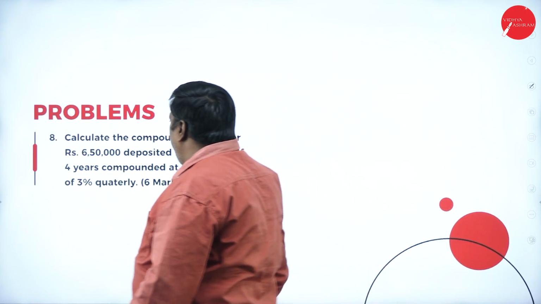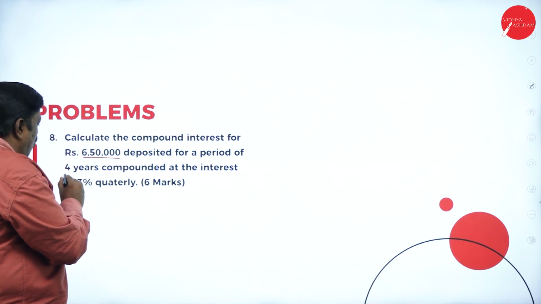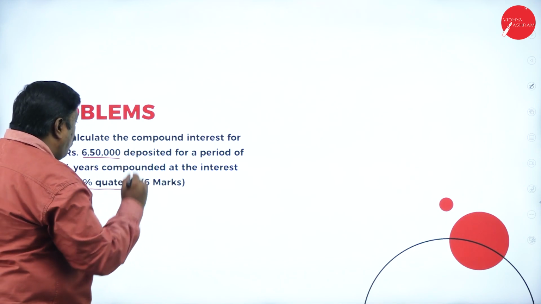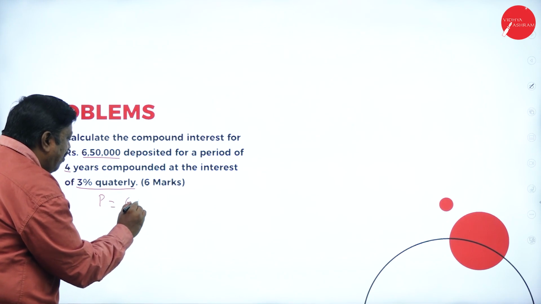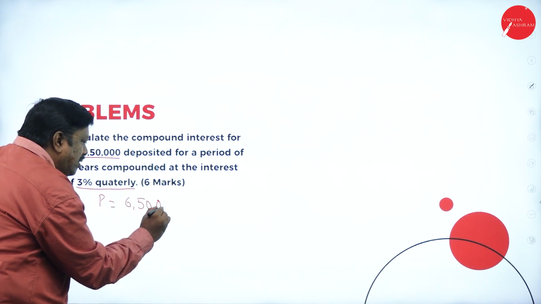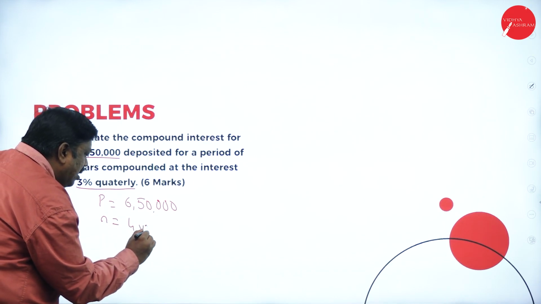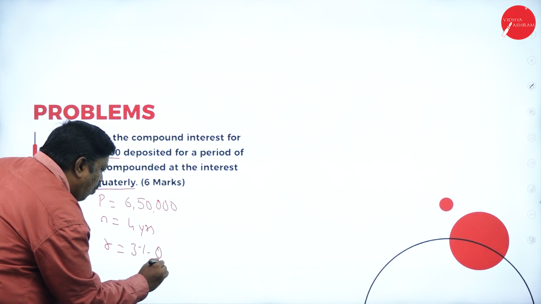In the next problem, we have taken here 6,50,000 for a period of 4 years, at 3% quarterly. My principal is 6,50,000 and my N is 4 years, and they have given 3% quarterly.